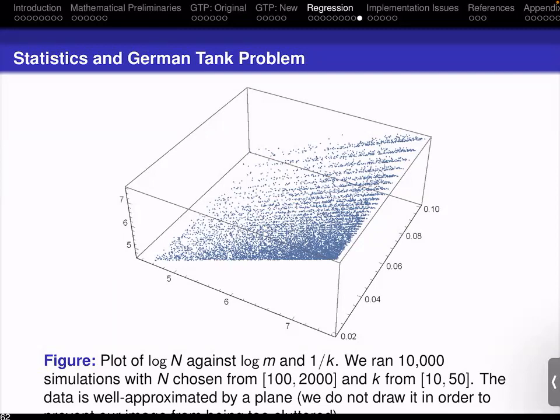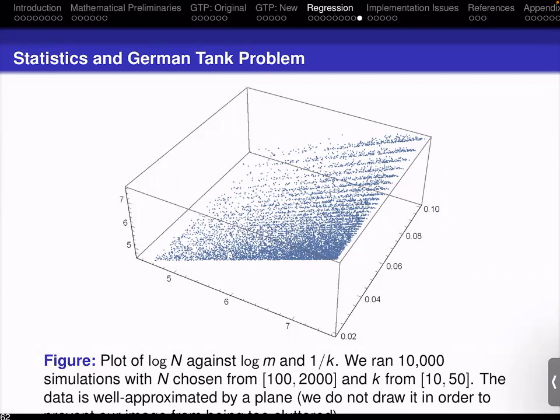What's the log of a product? It's the sum of the logs. So I get the log of m plus the log of 1 plus 1 over k. Well, remember our Taylor series. If I give you the log of 1 plus x, it's x minus x squared over 2 plus x cubed over 3, and so on. So if k is large, 1 over k is small, 1 over k squared is much smaller, 1 over k cubed is tremendously small, and so on.